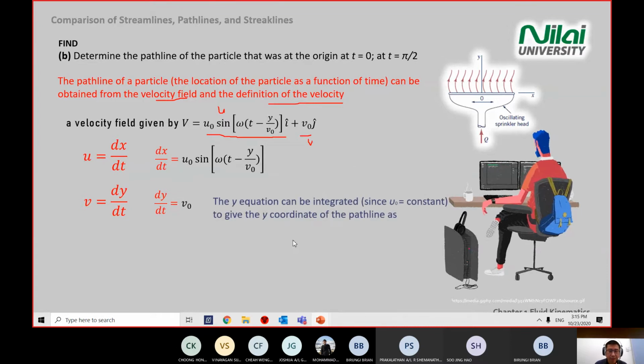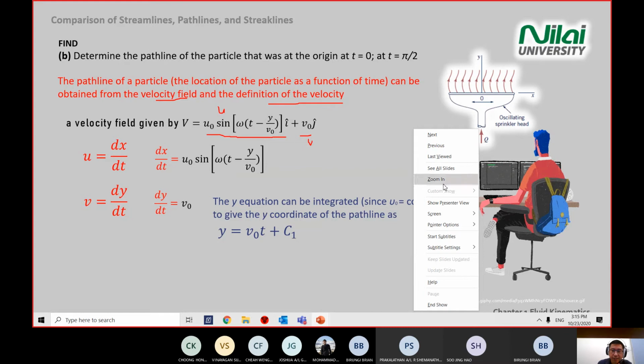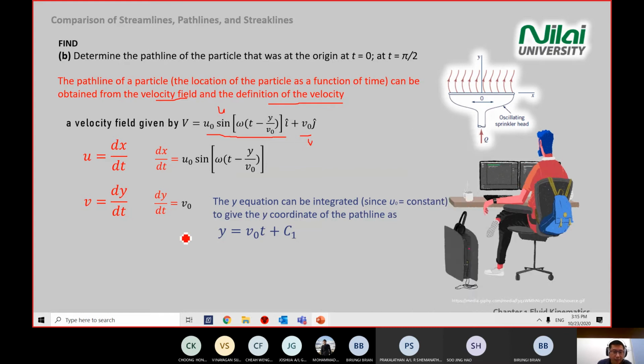Okay. Now the next one is we integrate to get the y component. So you integrate your y, this one. dt you pull to this side. Integrate dy, integrate dt, you get this equation. Okay, maybe I'll write it for you here so that you can see how you get this one to here.